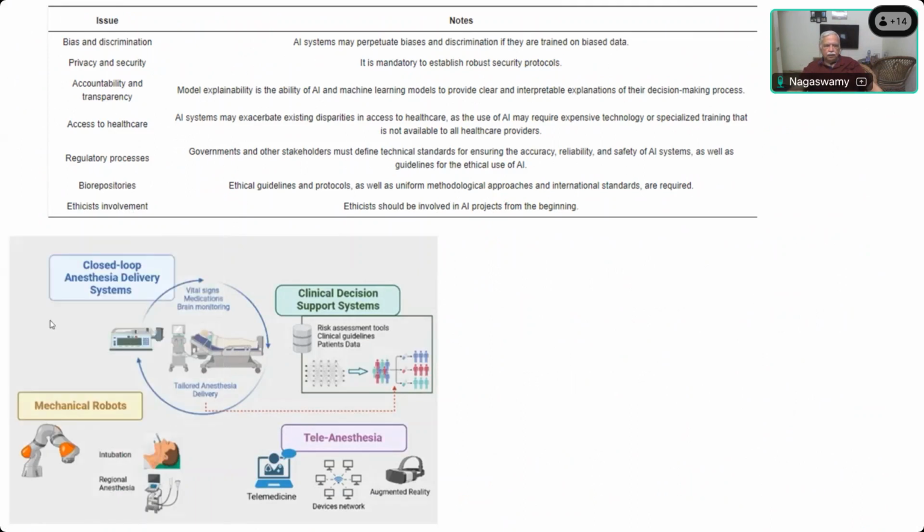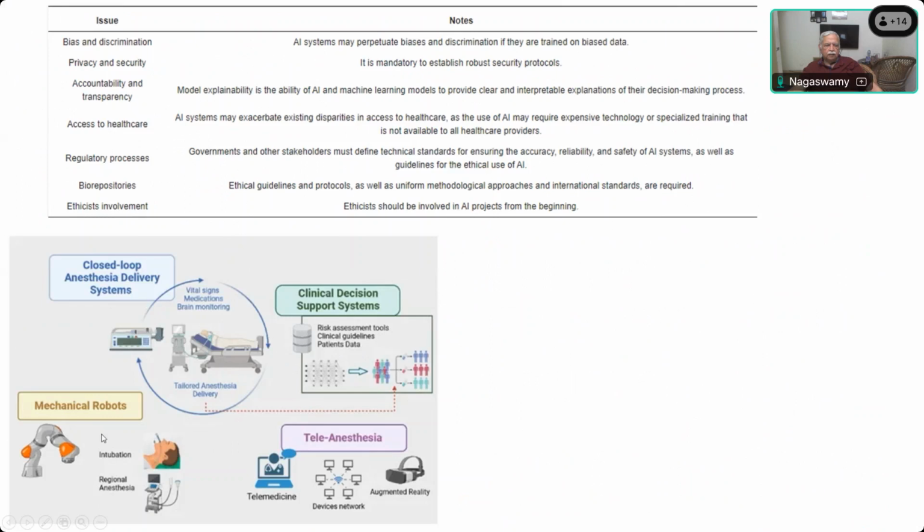And this picture tells you how a closed loop anesthesia system is helping. See, it is monitoring the vital signs, the medications, and the depth of anesthesia by brain monitoring. Then, based on that, clinical decision support, risk assessment tools, clinical guidelines and patient data are all used, and tailored anesthesia delivery is given based on these things.